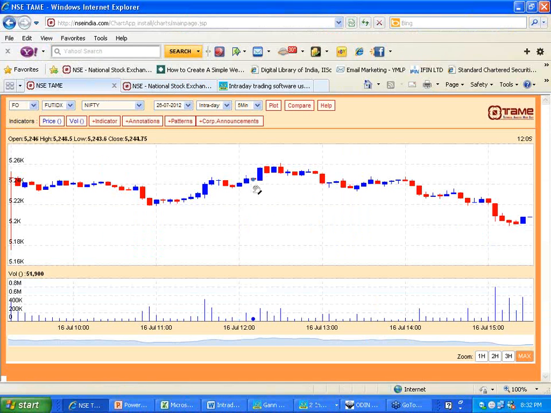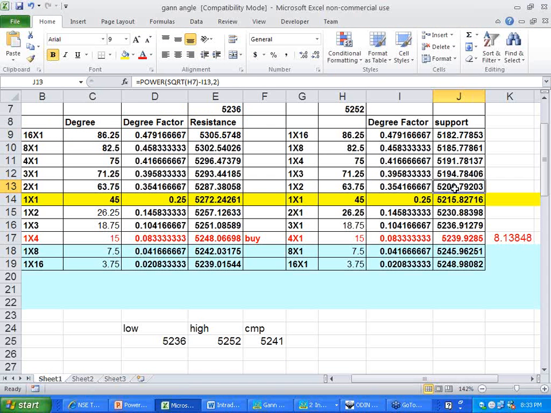What has happened during the day after making this high of 61 to 62? It slipped, and again around 1 o'clock it gave you the entry, and by the end it closed at 5200 level. So almost another 40 points it has given.